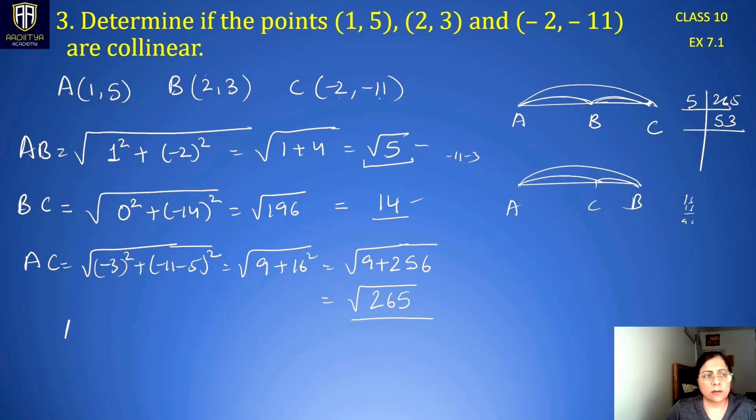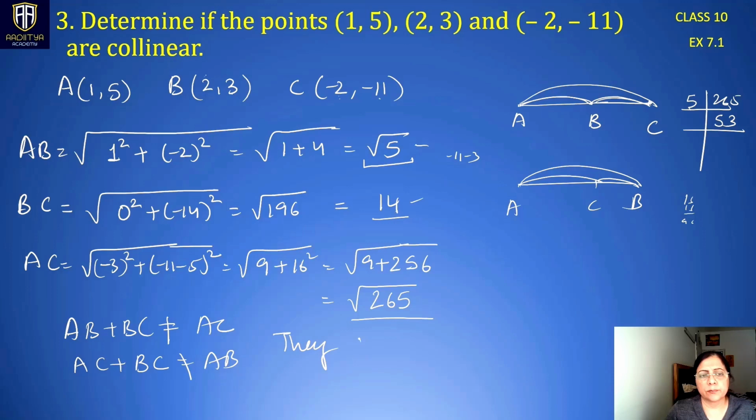So we can see that neither AB plus BC is equal to AC, nor AC plus BC is equal to AB. So we are not getting any two smaller parts equal to the bigger one. So we can say that they are not collinear.